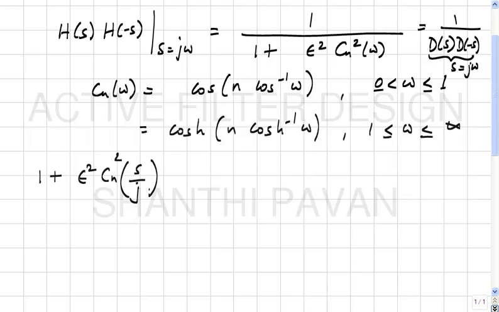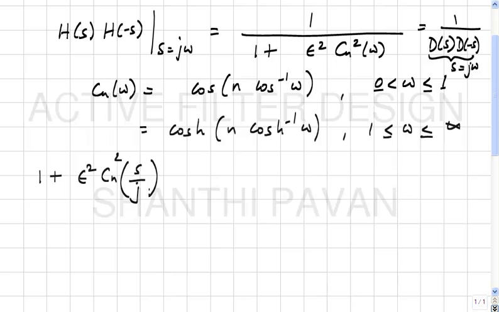So this is now a polynomial of order what? This is a polynomial of order 2n. N of these roots will be in the left half s plane, while n will be in the right half s plane. We associate the roots of D(s) with those in the left half plane and discard the rest as they presumably belong to D(-s).